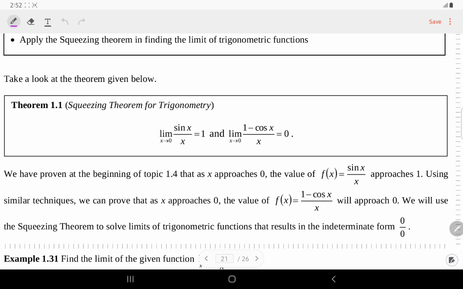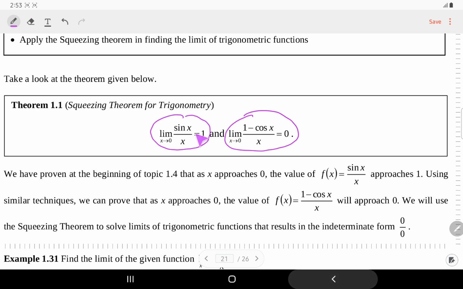We have two formulas here. The first one is limit x approach 0 for the function of sine x divided by x. And the limit x approach 0 for the function of 1 minus cos x divided by x will be equal to 0.